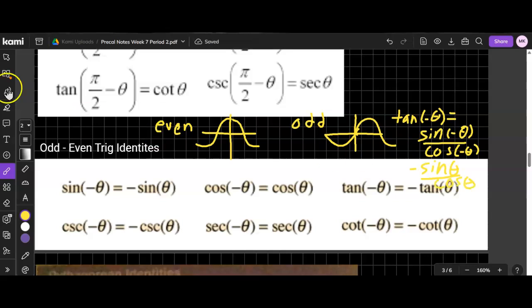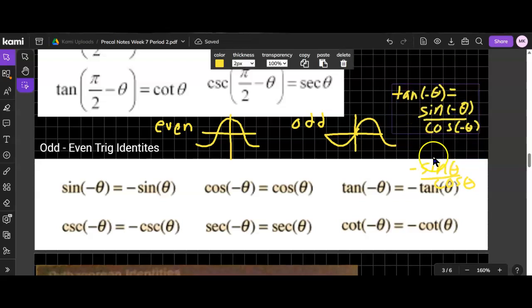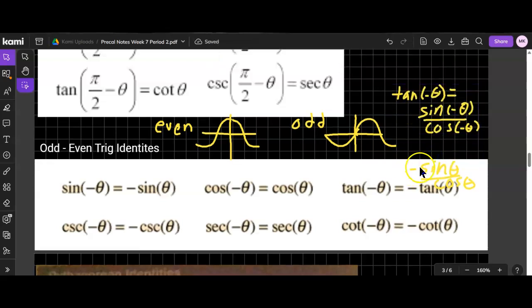And because you have your negative sine divided by a positive cosine, that's the same thing as just having your negative tangent.